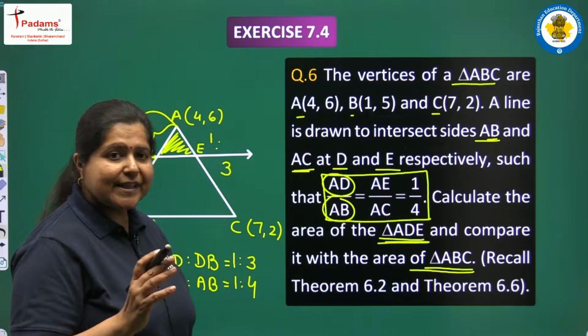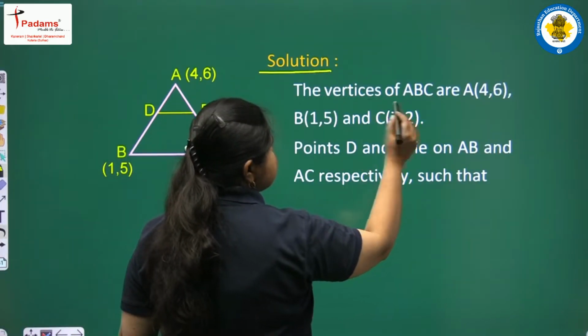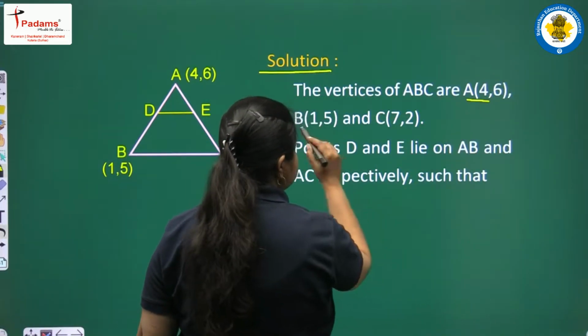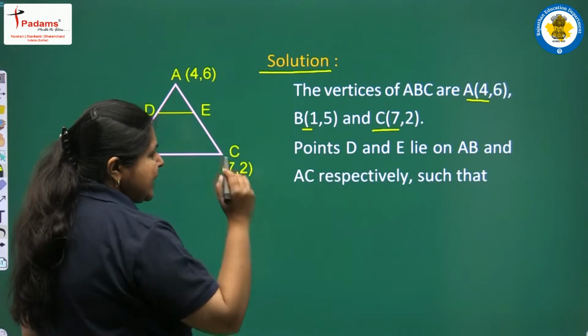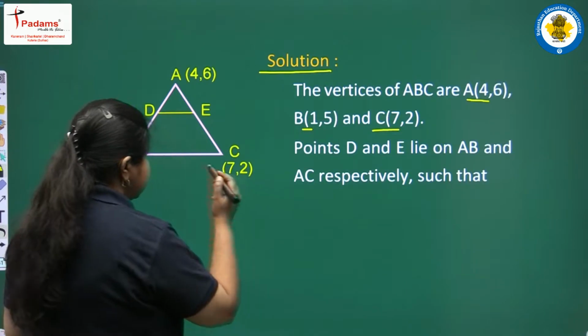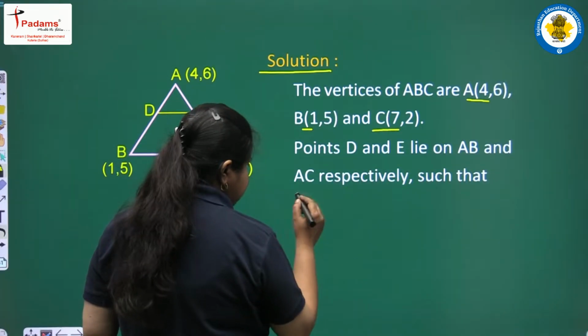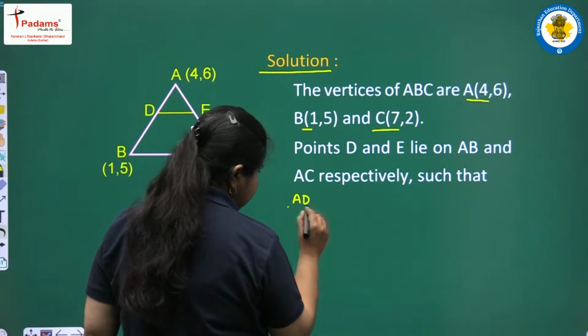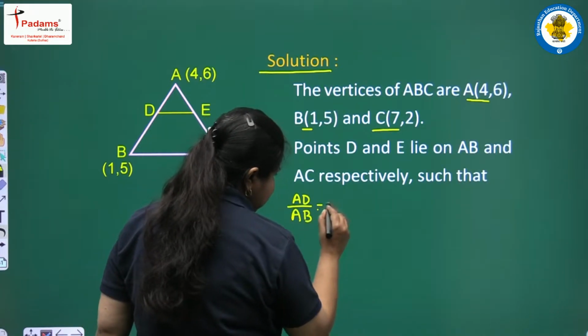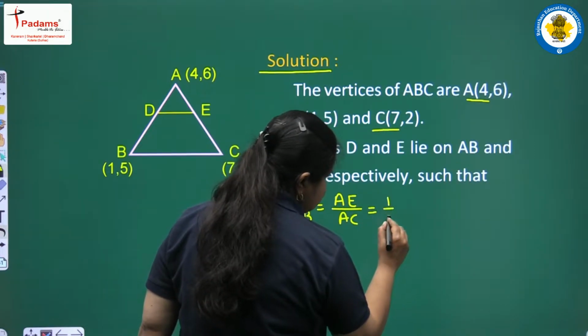So let us now proceed one by one. Here we begin the solution. The vertices of A, B, C are A, B and C as given in the question, and points D and E lie on AB and AC respectively. Here we have the figure. These lie on AB and AC respectively such that AD upon AB is equal to AE upon AC equal to 1 by 4.